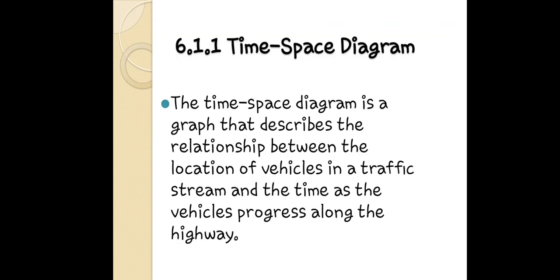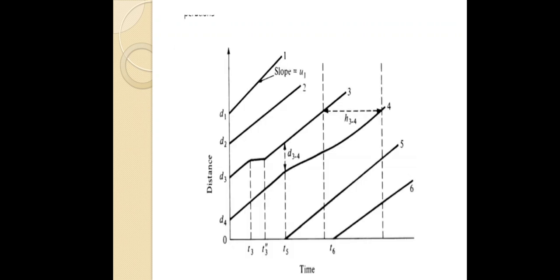The time-space diagram is the graph that describes the relationship between the location of vehicles in a traffic stream and the time as the vehicles progress along the highway. In the diagram, the vertical axis is the distance and the horizontal axis is the time.